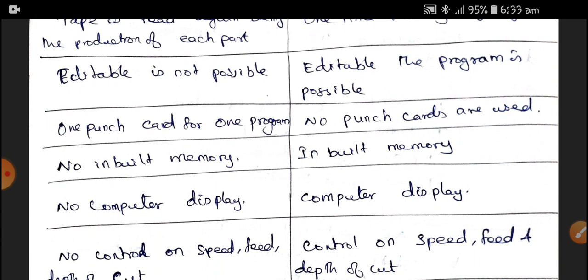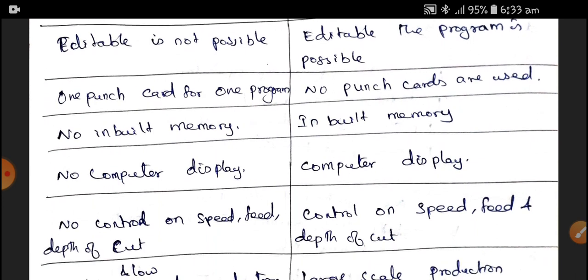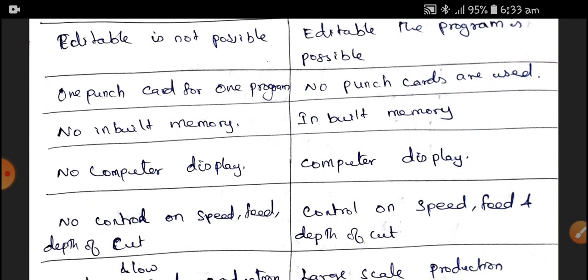We can say hardly 10 or 20 programs can be stored in the CNC machine itself. In the NC machine tool, there is no computer display, whereas in the CNC, a computer display is there. In the NC machine tool, there is no control on speed, feed, depth of cut, whereas in the CNC, there is control of speed, feed, and depth of cut simultaneously.